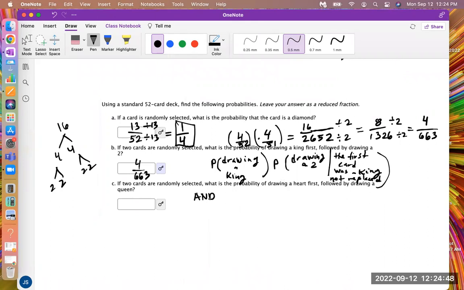So this is an and type of problem. Again, I think we're going to do this problem where we do not replace the card when we take out that first card. So we have to think about this one.